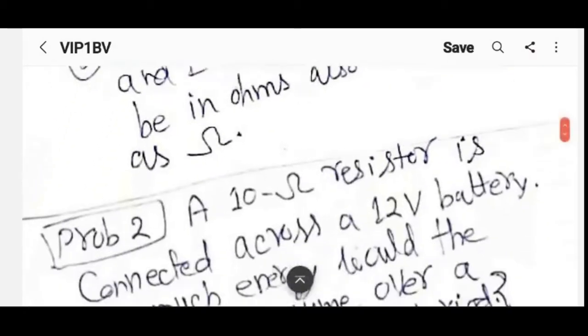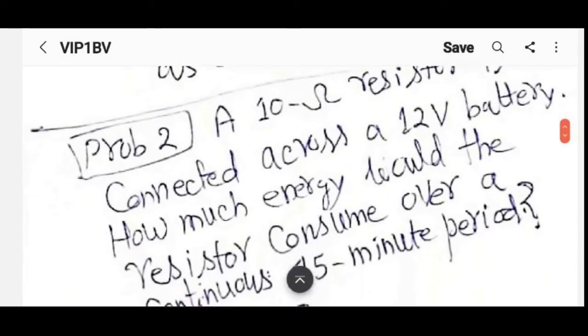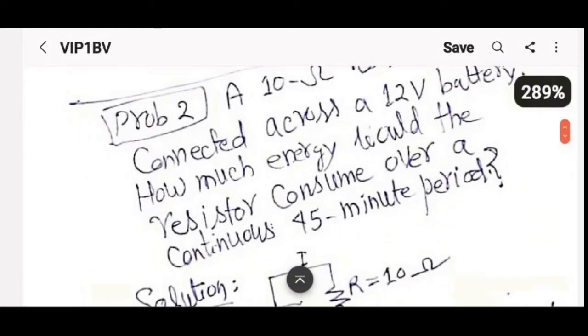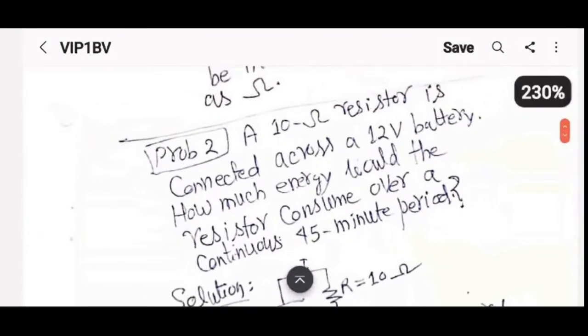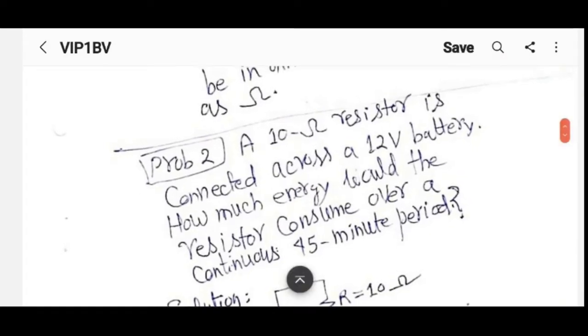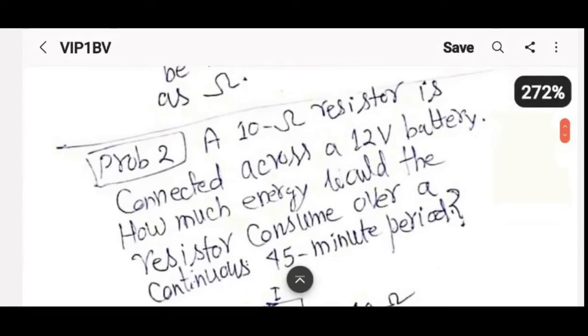You were taught all this in physics several times, so I'm not going to spend too much time. But there is a numerical problem here. I've given the solution, of course, but it's very difficult to ask you to solve problems when we are in online mode, so I'll provide you the solution. But first thing I want you to do is think about this given problem for a minute. Then I'll show you the solution.